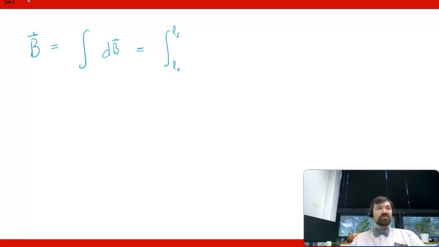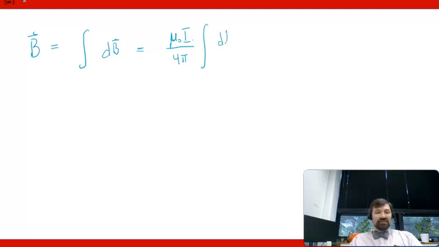And then you'd use your Biot-Savart law. So you'd have your mu naught times I. Typically the mu naught, the I, the 4 pi are usually constants, so those get to come out of the integral. So we can say mu naught I over 4 pi, and then essentially we end up with dl cross r hat divided by r squared.